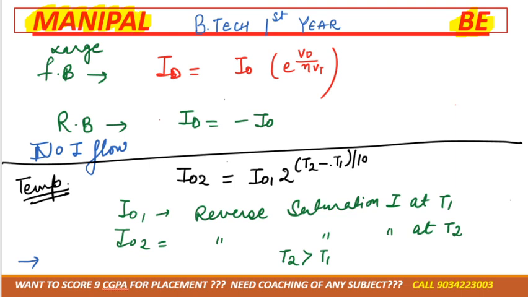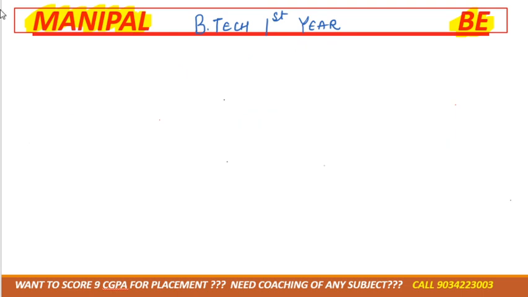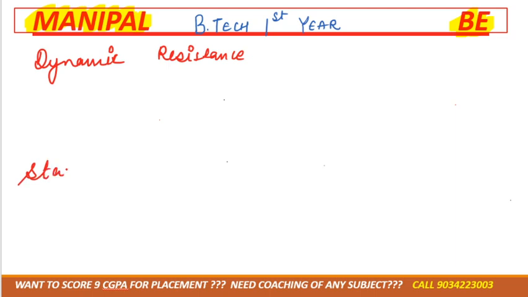Okay. Now related to diode only, sometimes they ask about dynamic resistance, and they also ask for static resistance, right? Static resistance is one in which there is no change in voltage and current, correct? Dynamic resistance means it will change.